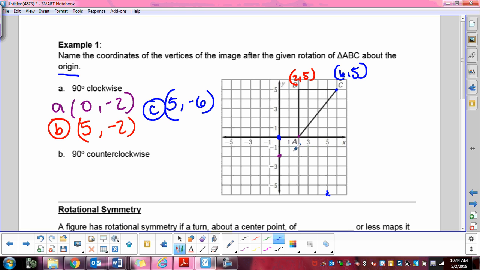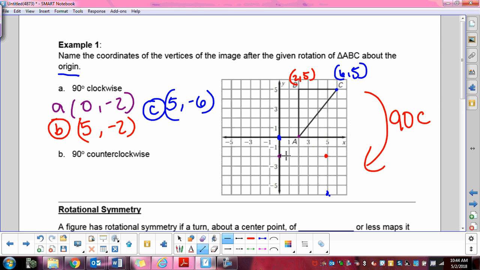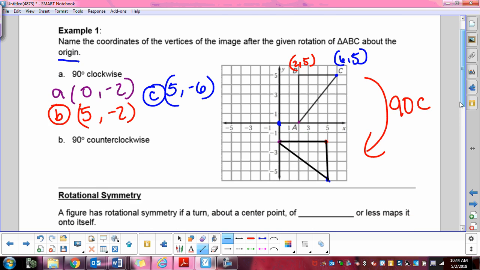If you connect these dots, they will be the same figure rotated 90 degrees clockwise. So just connect these. They're going to be the same thing. Use a ruler, guys. This will help if you use a ruler. It's the same figure. You guys can try this one.